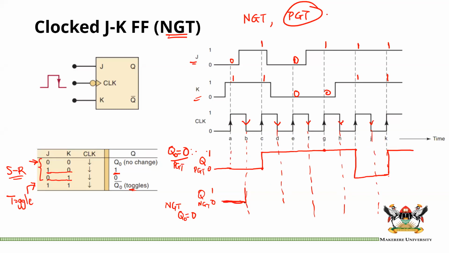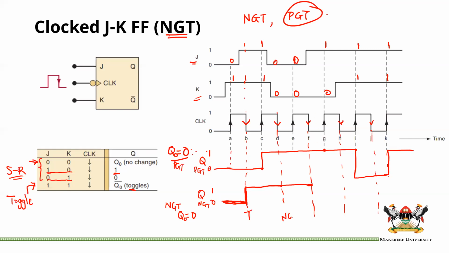My first NGT, I find that actually along here, I have a 1 and a 1. A 1 and a 1 means I toggle. So if I was at 0, I will go to 1. That one will prevail until the next NGT, which finds that I have a 0 on K and a 0 on J. So that will be no change until the next.